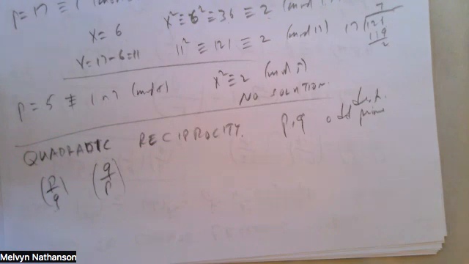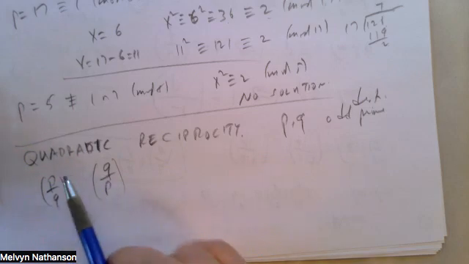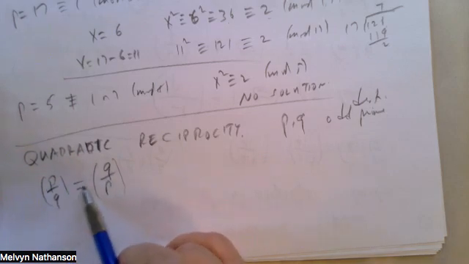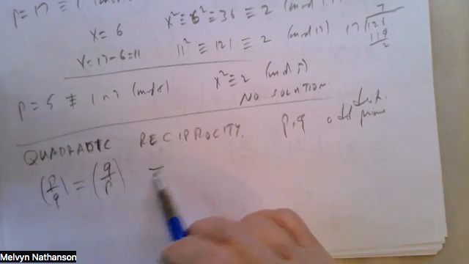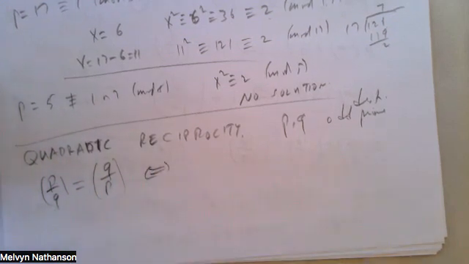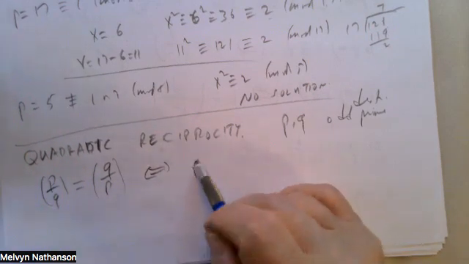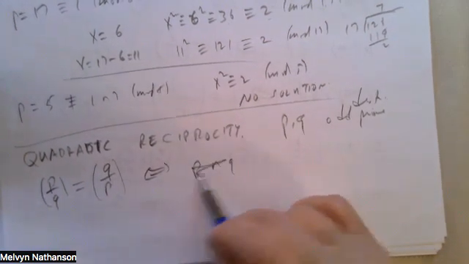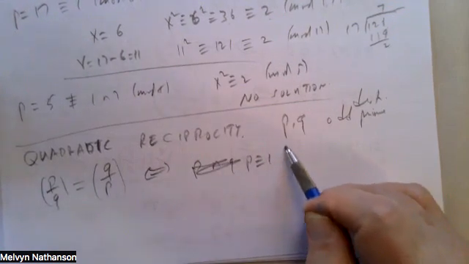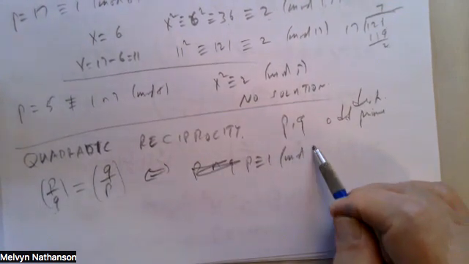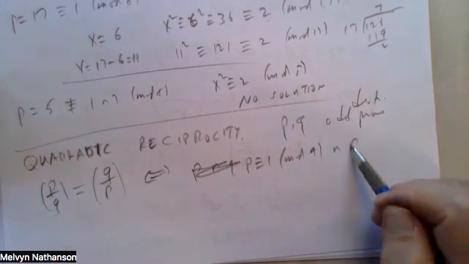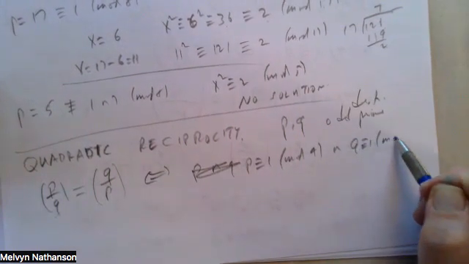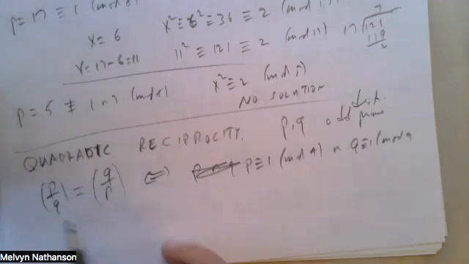So quadratic reciprocity says P is a quadratic residue mod Q, and Q is a quadratic residue mod P. Both happen if and only if either P is congruent to 1 mod 4, or Q is congruent to 1 mod 4, or both.